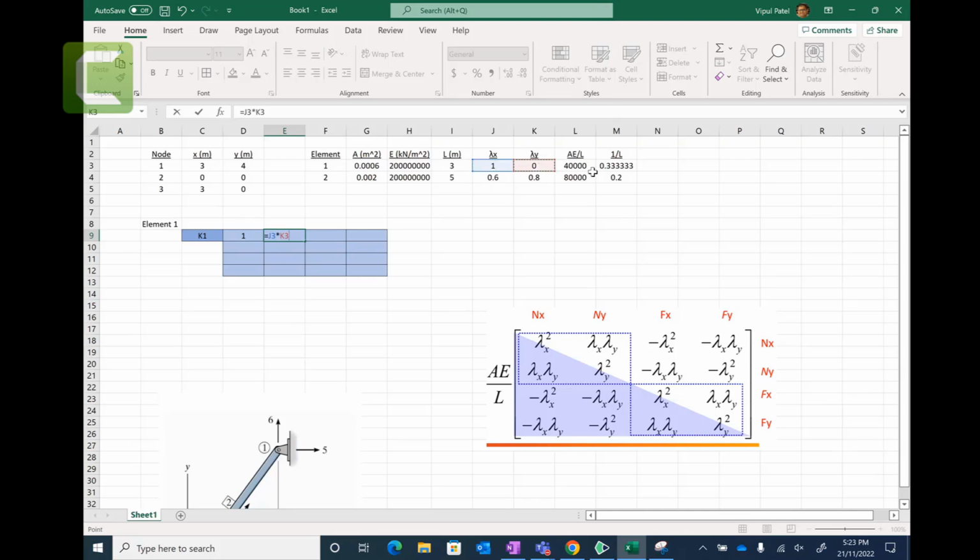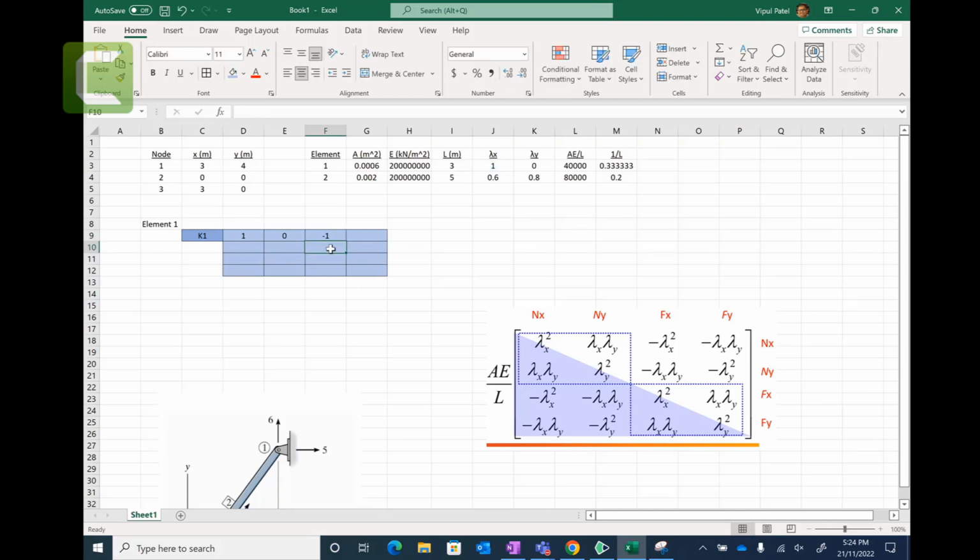Please note element number 1. OK, 0 equal to minus. Please be careful here. Use the bracket. If I don't use the bracket and do it this way, it will just give me the positive answer, which is not correct. Please make sure you use the bracket before this and these ones.